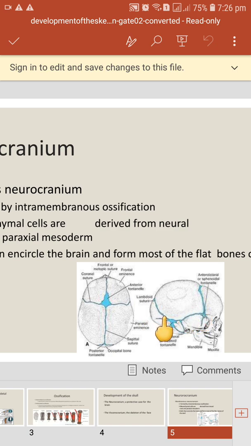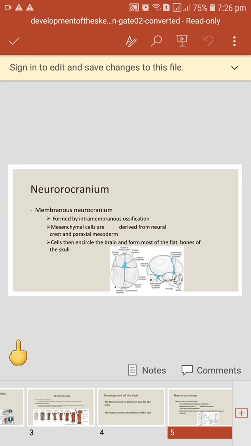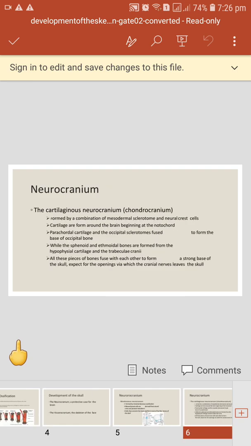This one is the lambdoid suture. So, the neurocranium is developed from mesenchymal cells which are derived from the neural crest cells and the paraxial mesoderm. This was the role of the membranous ossification.